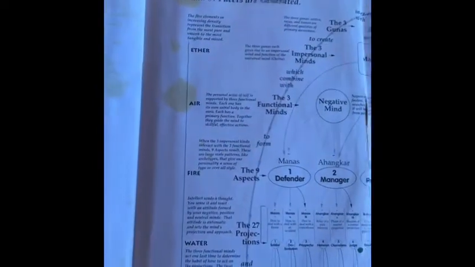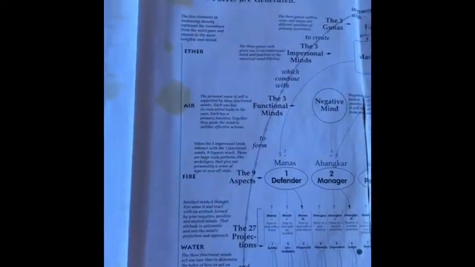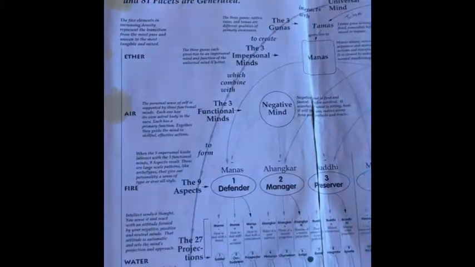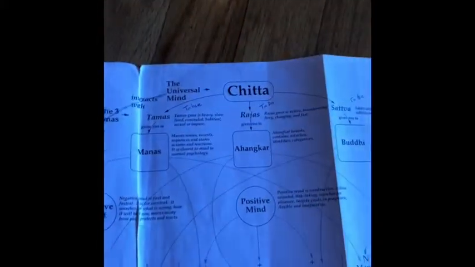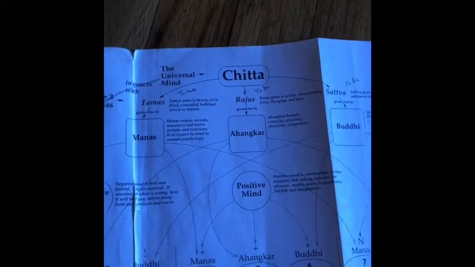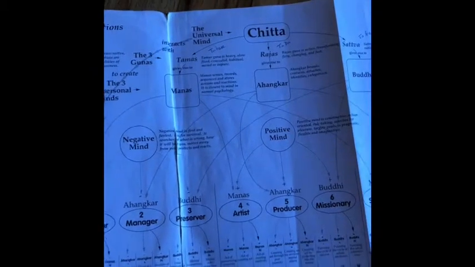This chart is all based on density. It's based on the density of the elements. You can see in this column here, you've got ether, air, fire, water, earth, with increasing density, all coming from the universal mind, or chitta. As it becomes progressively more dense, the elements also become more dense.